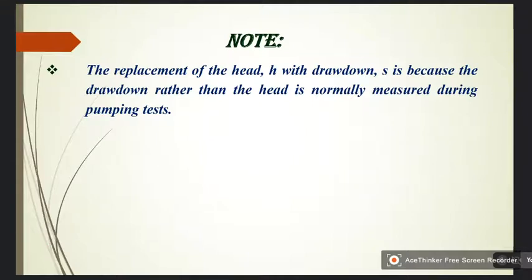When you have a well that is being pumped with a constant discharge Q, we consider two locations at radial distances of R1 and R2, and we have wells there.